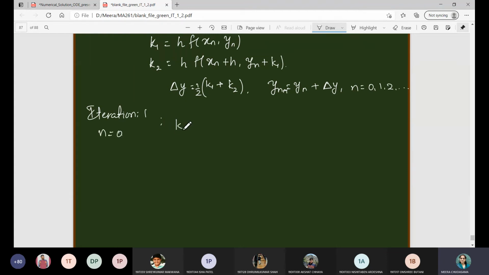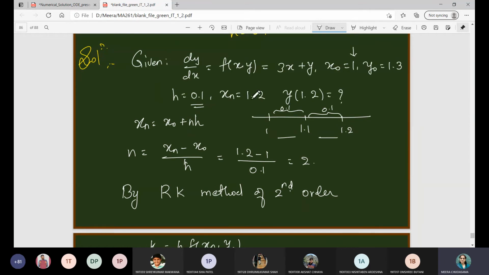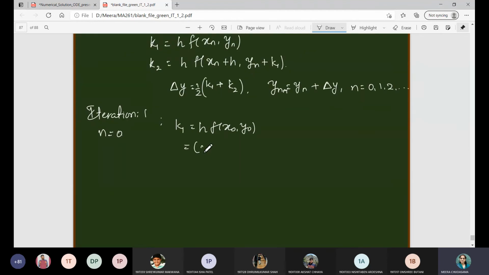So k1 will be what? h f at x0, y0. What is h we have considered? You can see here h we have considered as 0.1. f of x, y is 3x plus y, right? So h means 0.1, times 3 x0 plus y0.